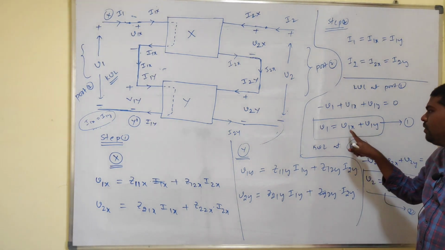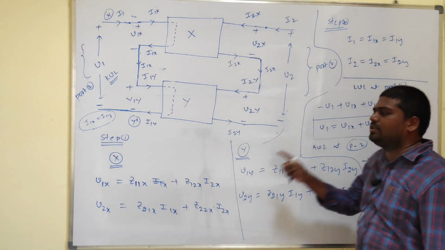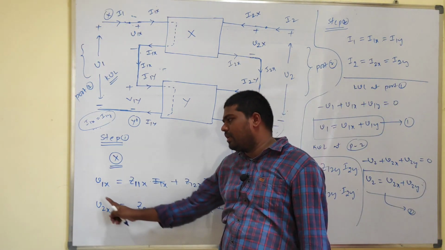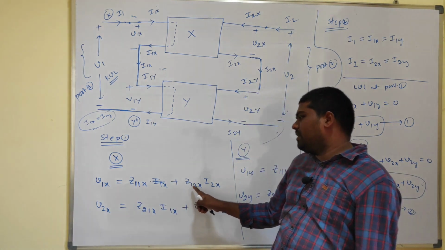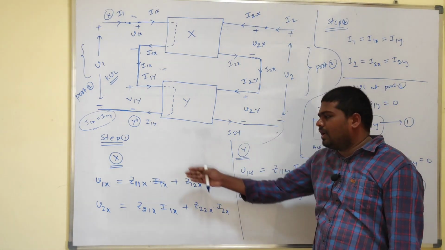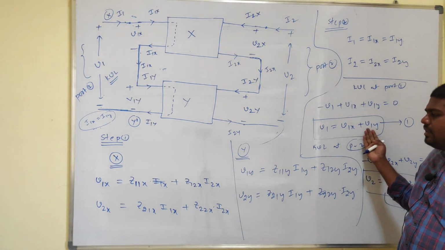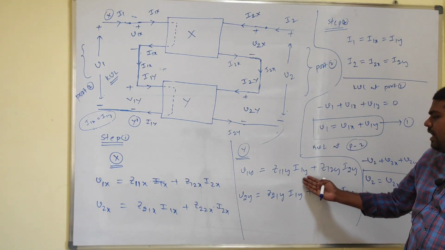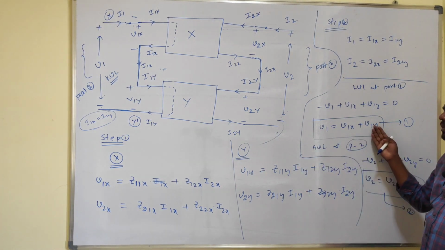We already know the V1x value as well as the V1y value. For the X two-port network, V1x is Z11x into I1x plus Z12x into I2x. Same thing you can substitute here. Similarly V1y equals Z11y into I1y plus Z12y into I2y. Same thing you can substitute here.